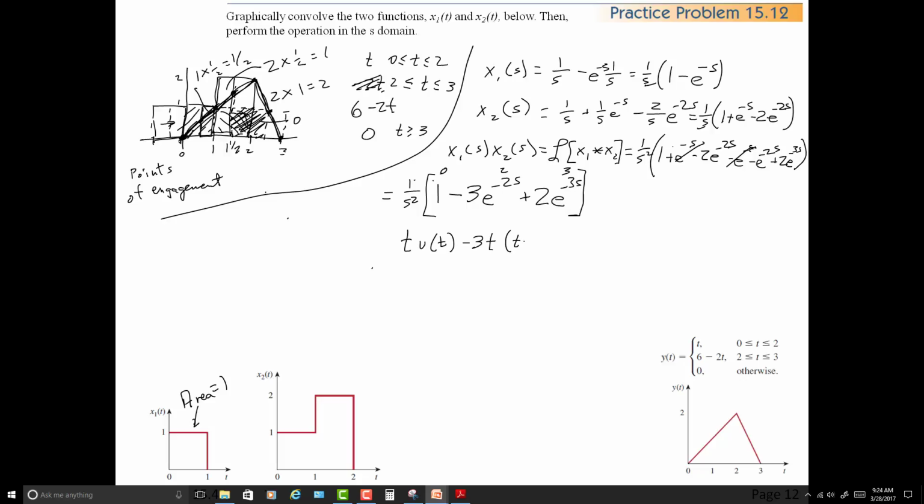At time t minus 2. So that's out there at 2. And then we get another one, a plus 2t, happening at t minus 3. Right? So these would be our u of t's, right?